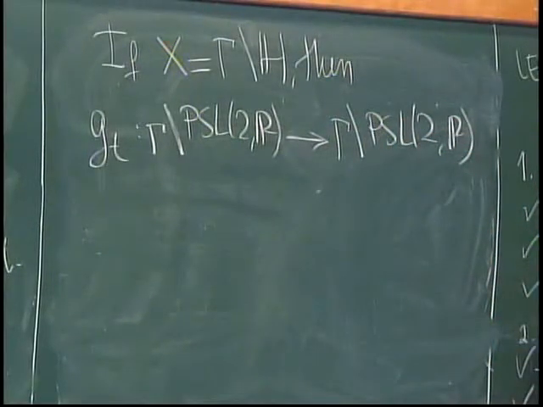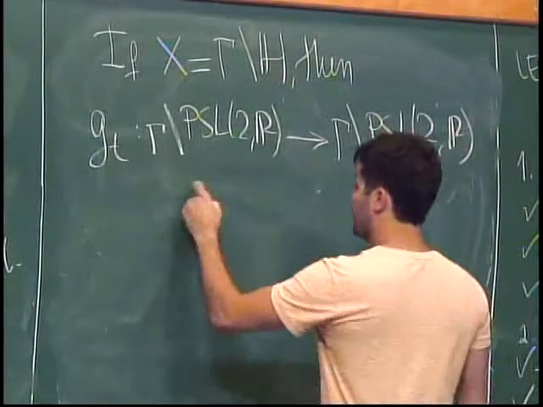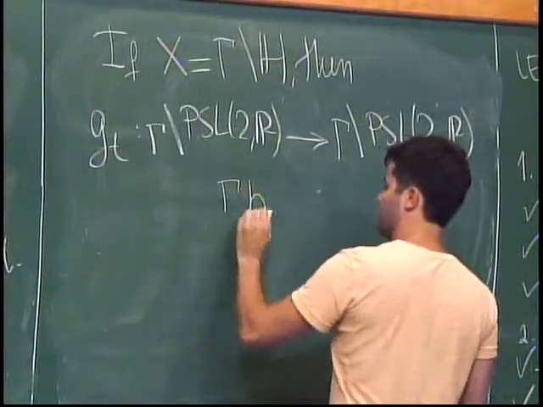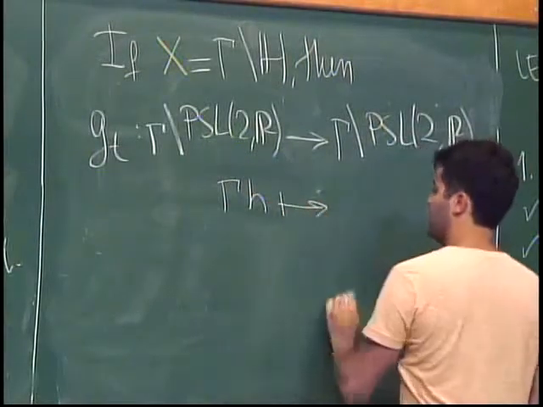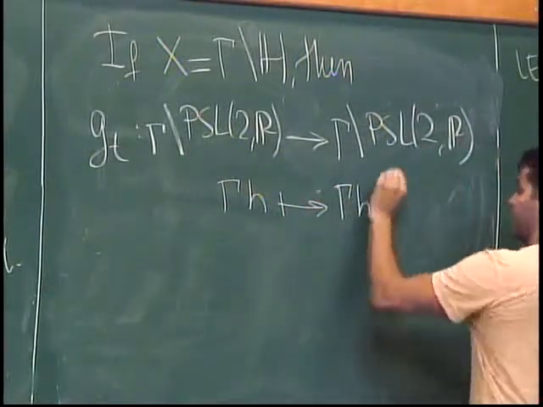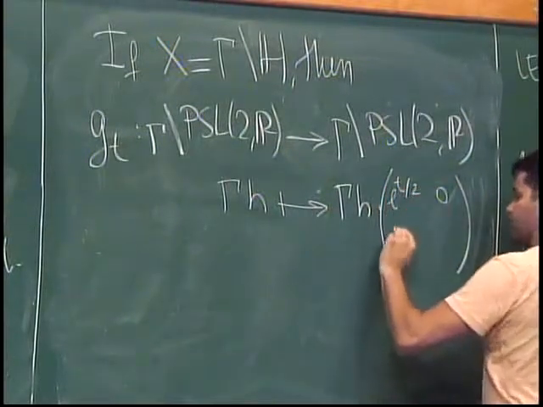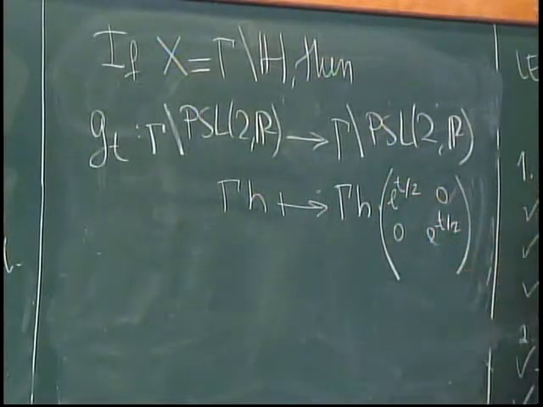Okay? And it does the same thing. It gets a coset, gamma g, and it sends it to a new coset, which is this product here.